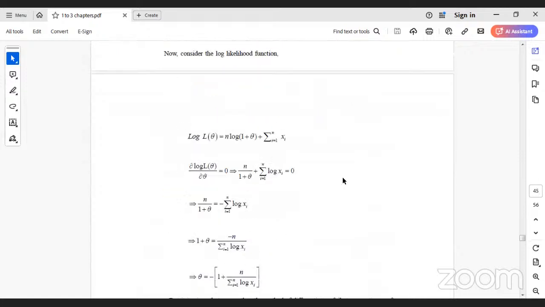So applying the log on both sides, log L = n log(1 + theta) + theta times the summation of log xi.